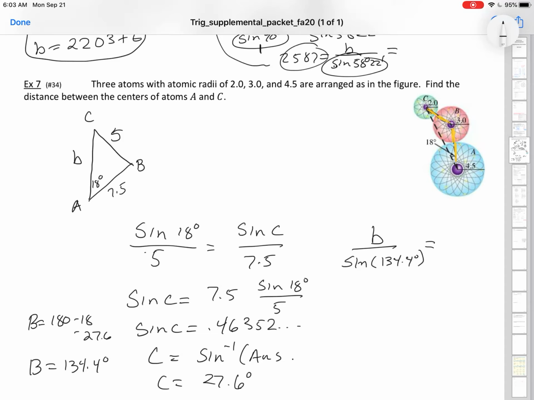And then I can come right back to my 5 over sine 18. It's where I wanted to start, but I realized I had a problem. So what's b equal to? Well, it's like all the other ones. We're given lots of examples here, mainly to show the similarity between each one of these.